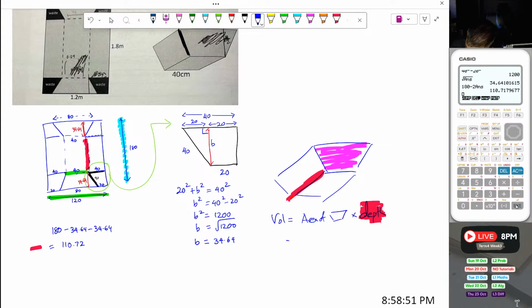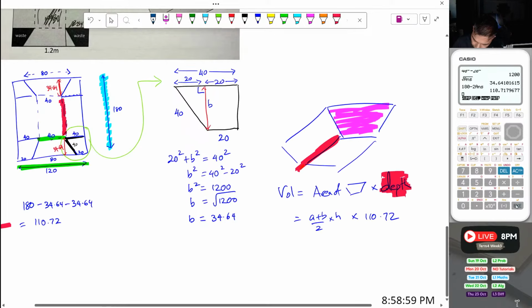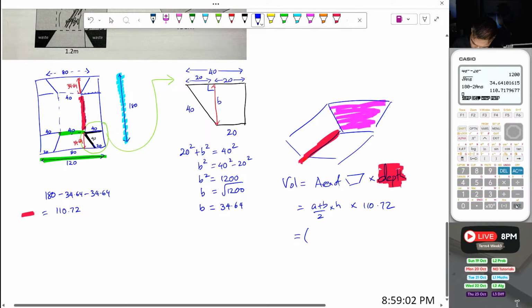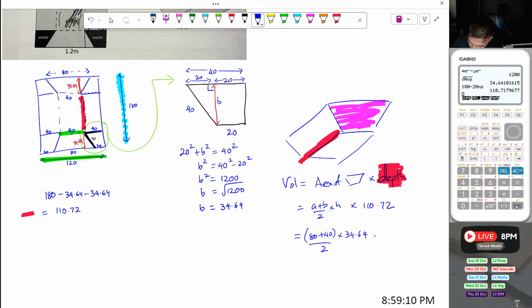So for the area of a trapezium, I've got (A plus B) over 2 times H, times the depth, which is 110.72. So my A plus B, that's going to be 80 plus 40, over 2, multiplied by 34.64, multiplied by 110.72.